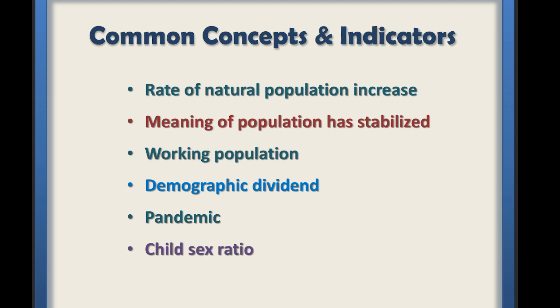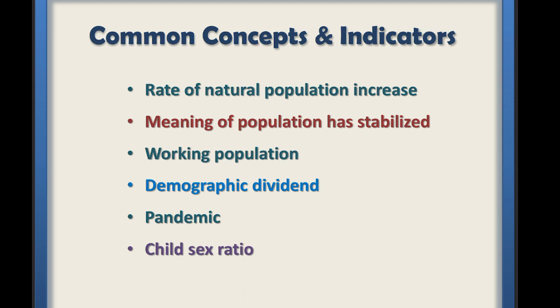Another term that should be kept in mind is the demographic dividend or the demographic advantage that arises because of the falling dependency ratio and can be a source of economic growth and prosperity. This is due to a larger proportion of workers relative to non workers.